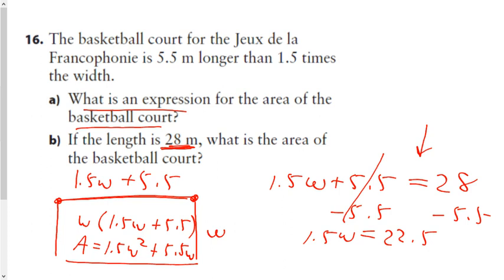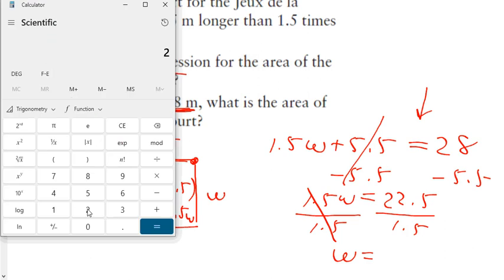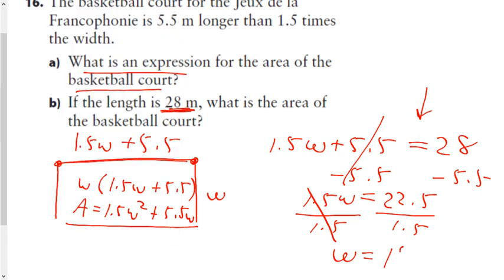All I've done is I've gotten rid of the constant on both sides. My next step is to get rid of the coefficient, which is to divide both sides by 1.5. And I've isolated for W. Take my 22.5, divide it by 1.5, and therefore my W is 15.